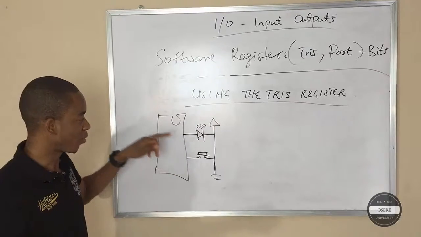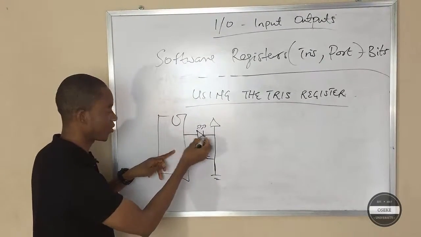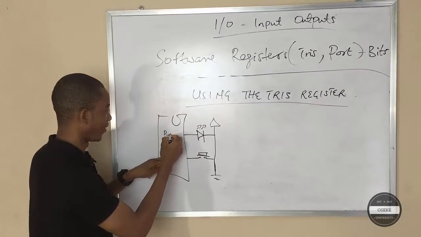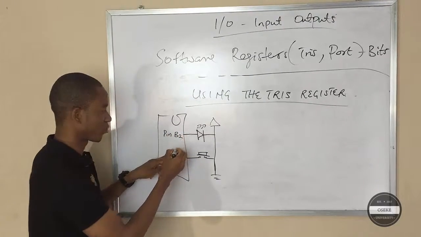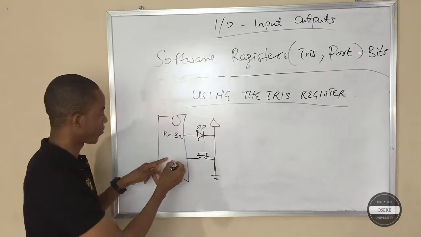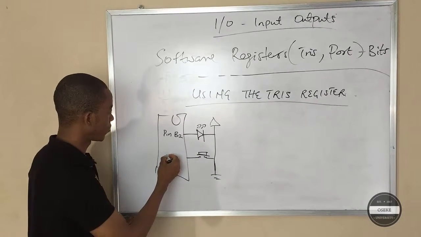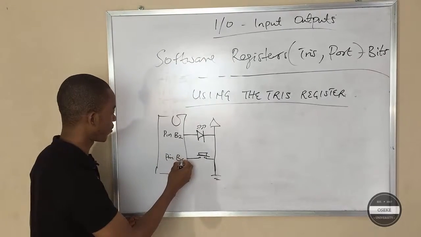Let's assume that I connected this LED to pin, this is very important, pin B2. And I connected this one to pin B5.